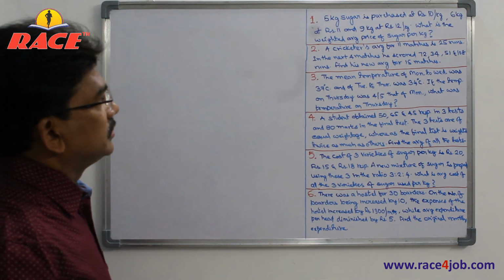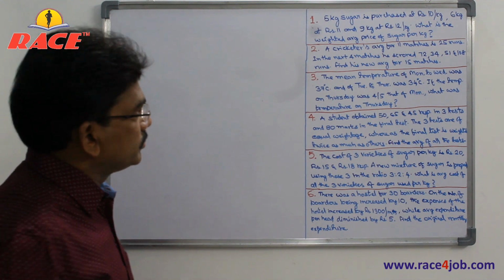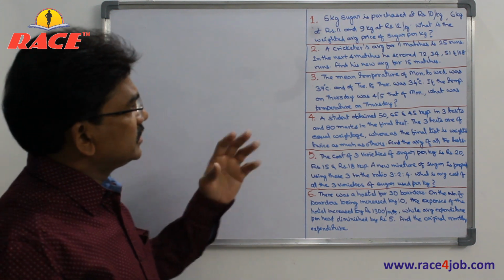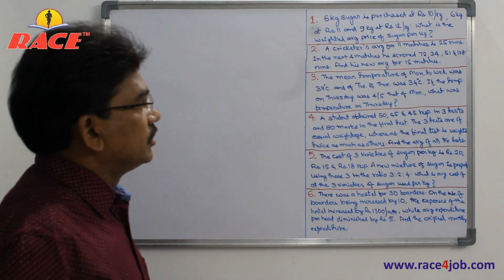5 kg sugar is purchased at 10 rupees per kg, 6 kg is at 11 rupees per kg and 9 kg is at 12 rupees per kg. He is asking what is the weighted average price of sugar per kg.